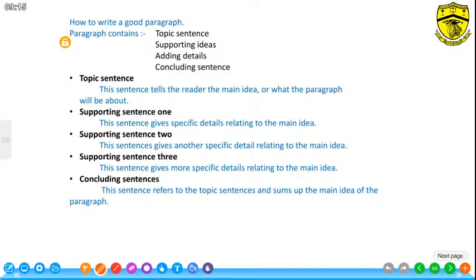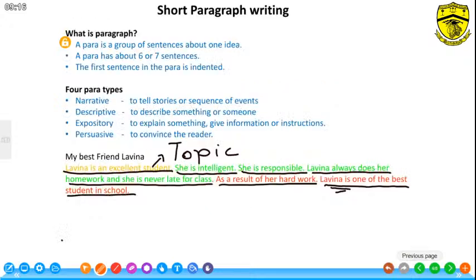Second one, supporting sentence 1. There are 3 or 4 supporting sentences. This sentence gives specific details relating to the main idea. That means she is intelligent, she is responsible, she always does her homework, and she is never late for school.